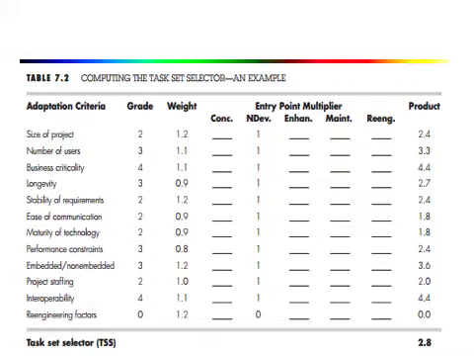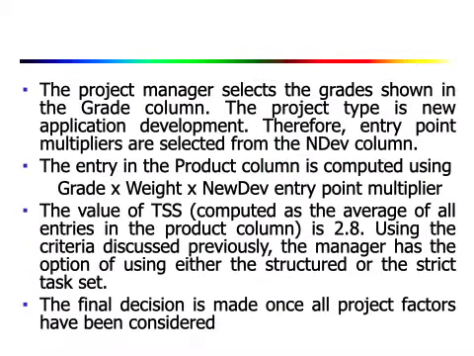So that is the value of the product, and after filling the product column, you take the average of all values in the product column to get the task set selector. So that is how we compute the task set selector, and here we get the value of task set selector as 2.8.